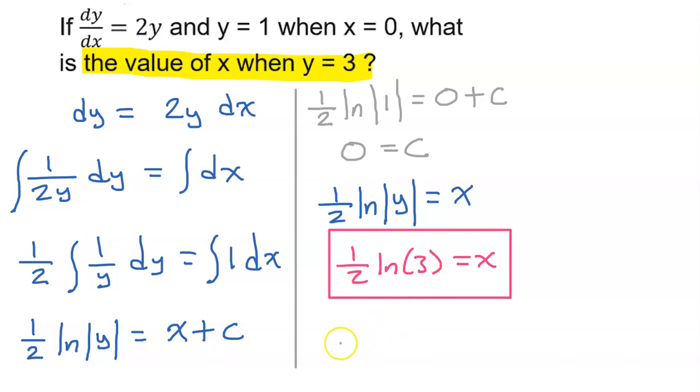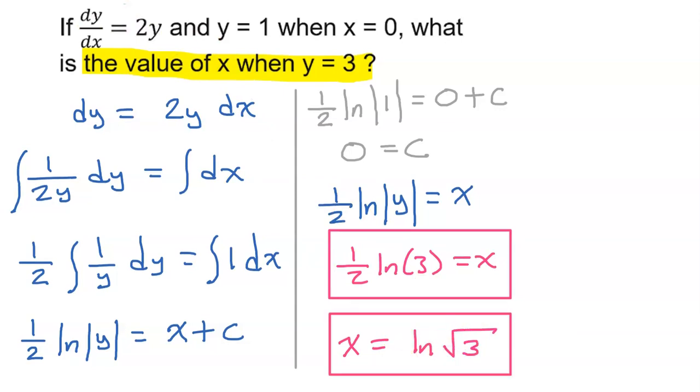So you might see the answer also written as x equals natural log of 3 to the 1/2 power, but this really is the square root of 3, so you would more likely see it written this way. And this is how the answer would most likely appear on a multiple choice question.